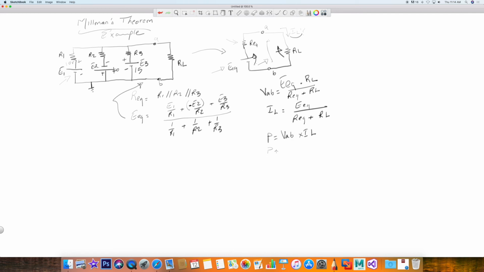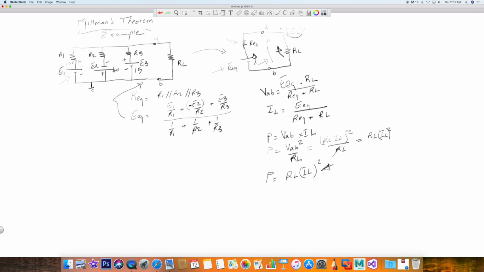Or P will be equal to VAB squared divided by RL. Or P will be equal to what? RL IL squared. Now, how did we get here? Well, you know that VAB is RL IL, squared, divided by RL, so that we can eliminate RL here, and you end up with RL IL squared.